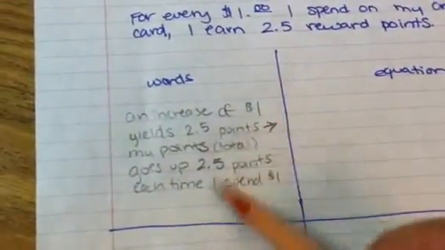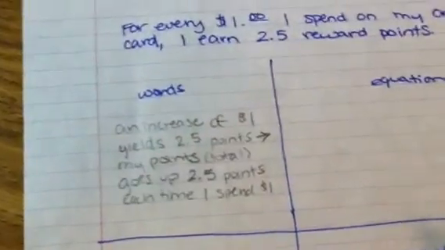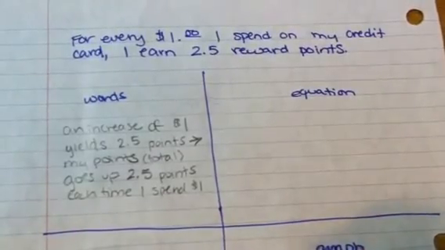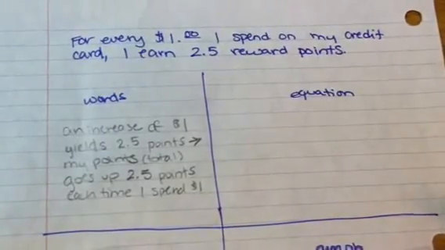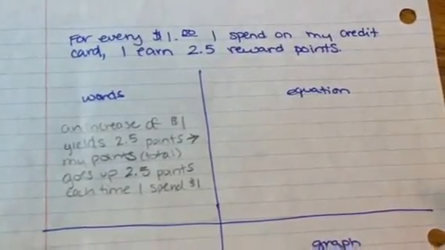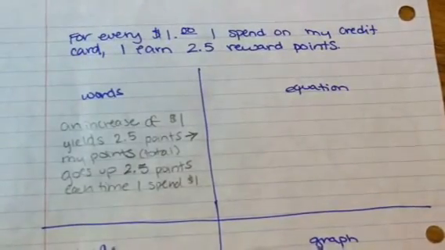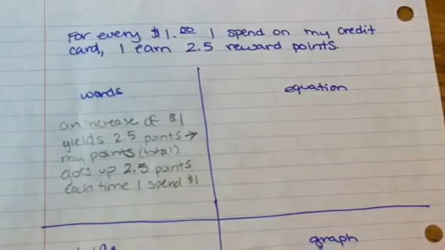Now if I was going to write this as an equation, and the reason I wrote it different ways is because some people may see it differently, I had to figure out what my input and my output is. I'm assuming that my input is the dollars that I spend, because my number of reward points depends on the amount that I spend.